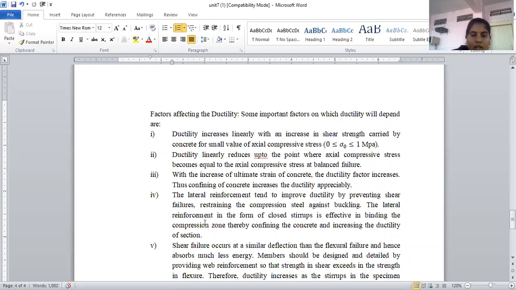The lateral reinforcement in the form of closed stirrups is effective in binding the compression zone, thereby confining the concrete and increasing the ductility of sections.